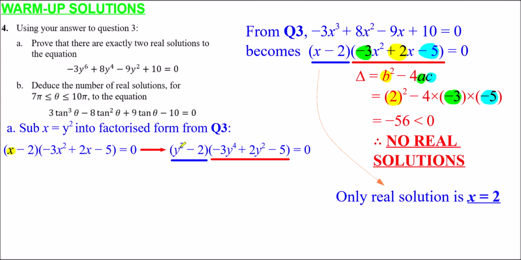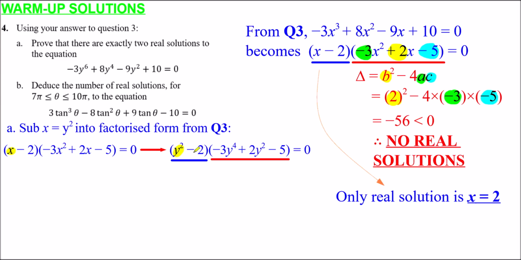So x becomes y squared, x squared is y squared squared, which is y to the 4, and so on. So from what I mentioned before, the quadratic factor in y squared will have no solutions, because the discriminant, like we mentioned before, is negative.